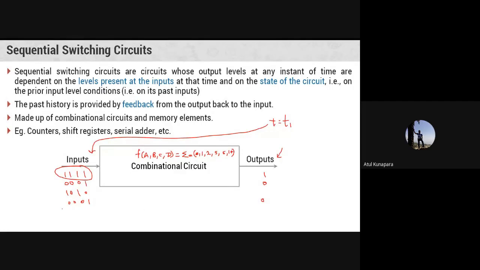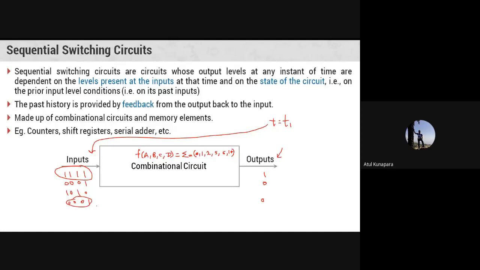That means your output is defined according to the combination of input, not on what combination of input was coming prior to this or after this, right? So there is no past history kept in your circuit to give the actual output at a given time. That is the case for a combinational logic circuit.